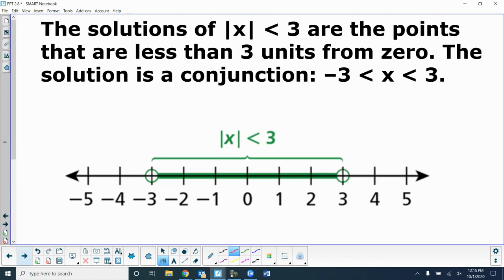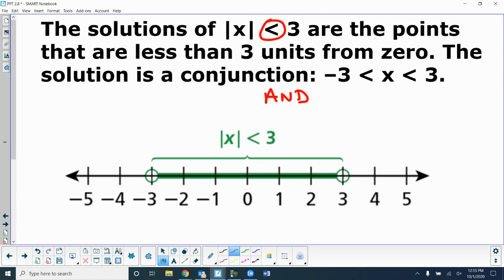All right, this is less than. It says the solutions of the absolute value of x is less than 3 are the points that are less than 3 units from 0. The solution is a conjunction, an and problem, when it's less than. Okay?